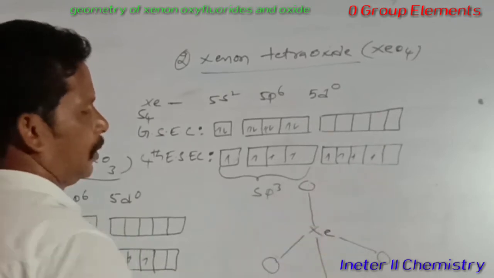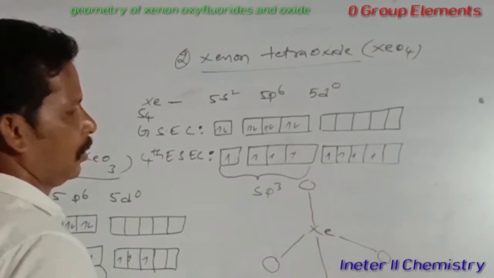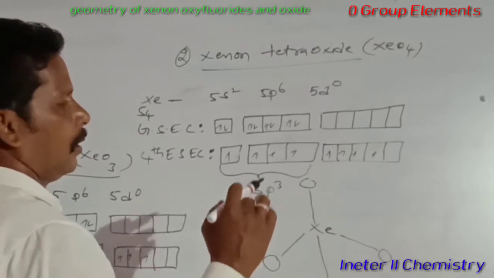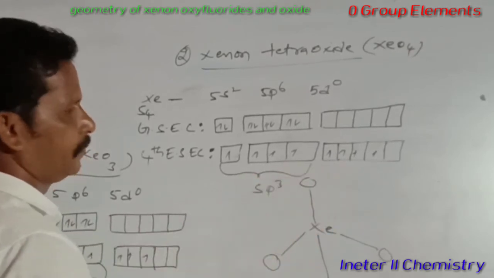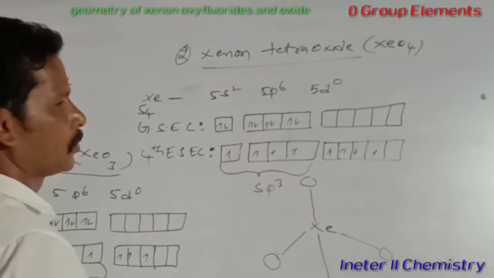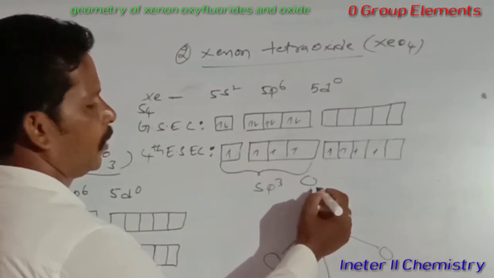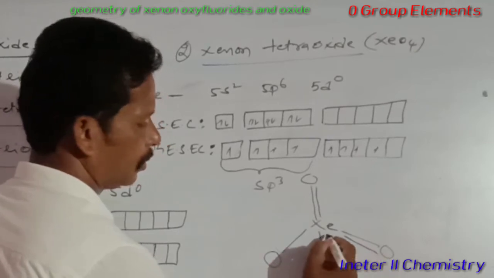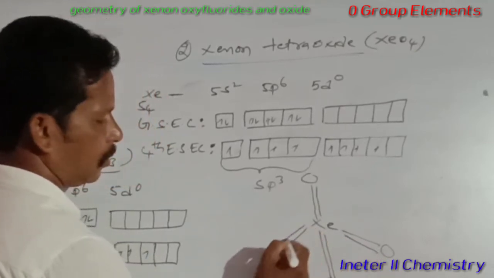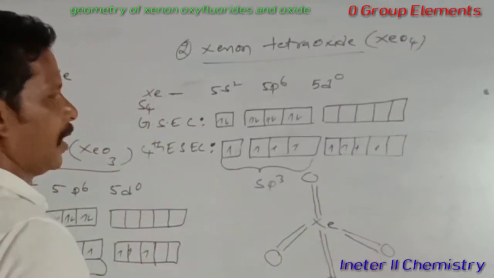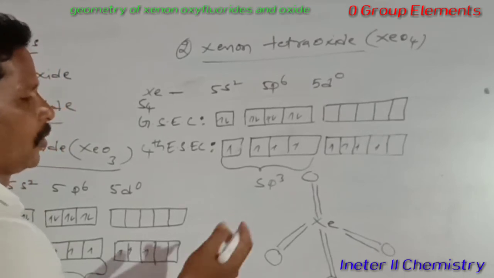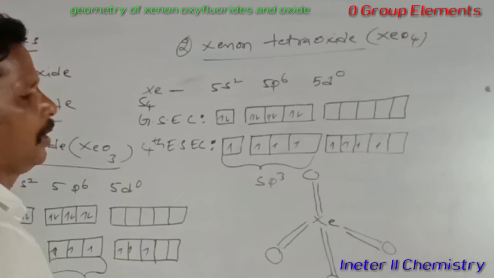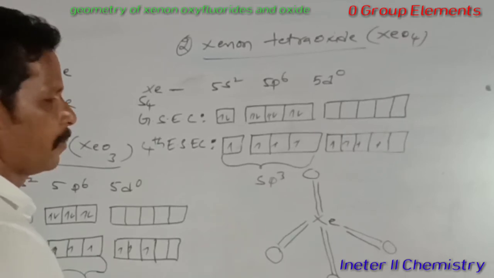The remaining unhybridized orbitals partially overlap with the py orbitals of those 4 oxygens to form 4 dp pi bonds. According to the hybridization concept, the geometry of xenon tetroxide is tetrahedral.